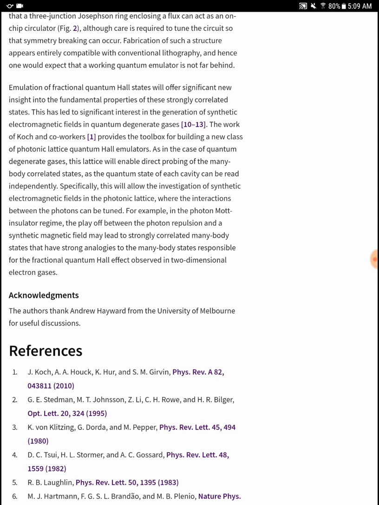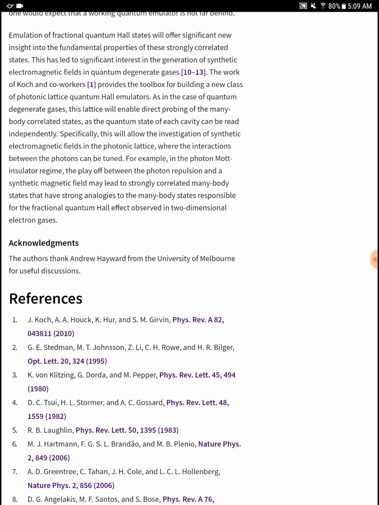Emulation of fractional quantum Hall states will offer significant new insight into the fundamental properties of these strongly correlated states. This has led to significant interest in the generation of synthetic electromagnetic fields in quantum degenerate gases, references 10 through 13.